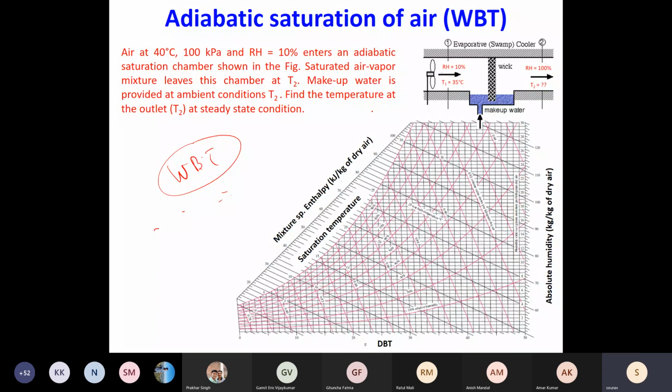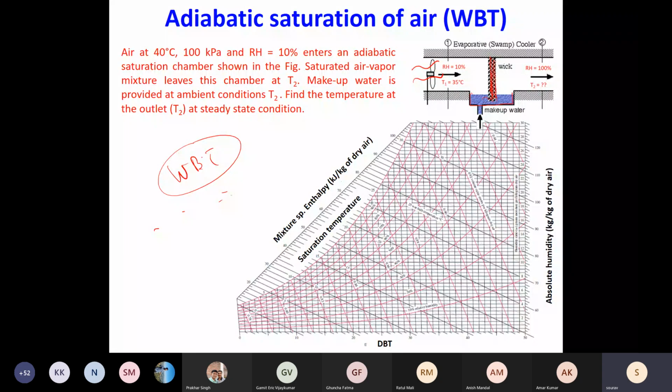Let's say again you have air entering an insulated shaft. You have that wicking material. Okay, it's again a porous material which draws liquid water from this vessel. And as evaporation happens, the liquid height will go down, so we have to supply some makeup water. This is what you do also in a desert cooler, but you do not do it continuously, you do it in a batch mode.